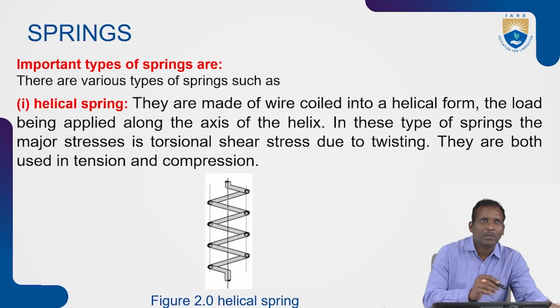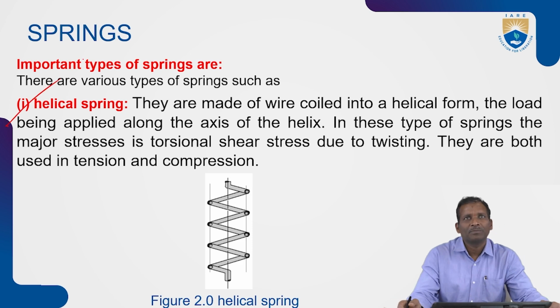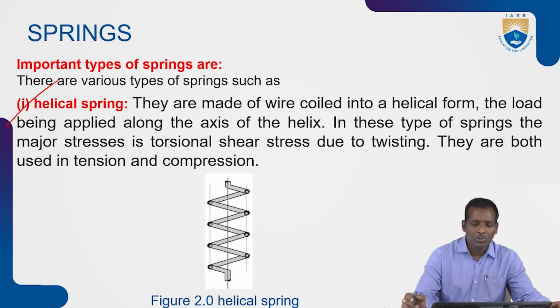Next, there are various types of springs. One is the helical spring. They are made of wire coiled into a helical form, the load being applied along the axis of the helix. In this type of springs, the major stress is torsional shear stress due to twisting.